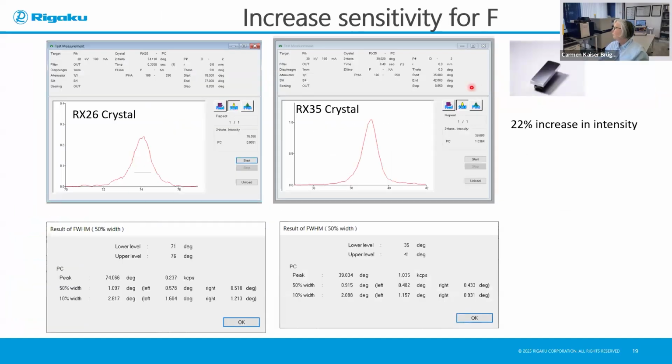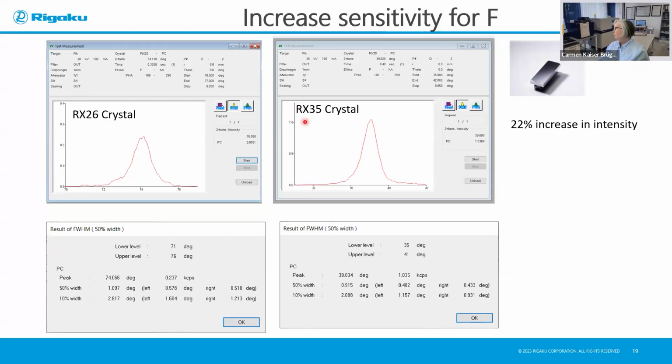So how else can we increase the sensitivity? Not only with pressed powder or fusion, but also with what we have available in our spectrometer, the hardware part. If you look at Rigaku, we have two kinds of crystals for the determination of fluorine. One is the RX26, which is a synthetically made Rigaku crystal, which has a certain D-spacing.